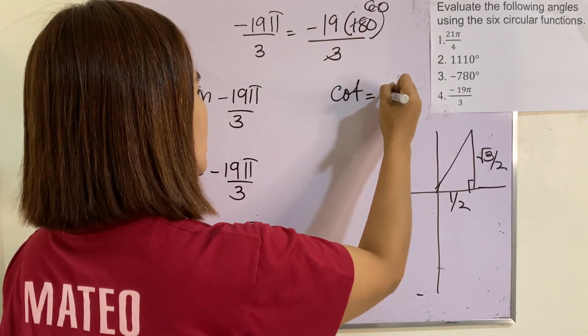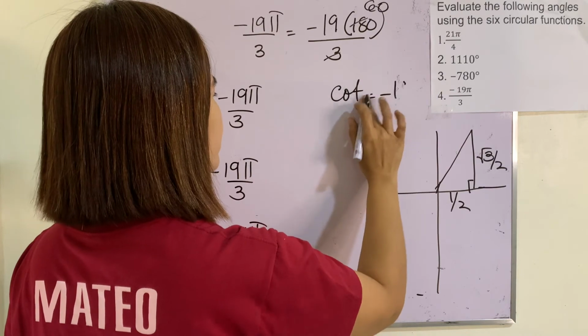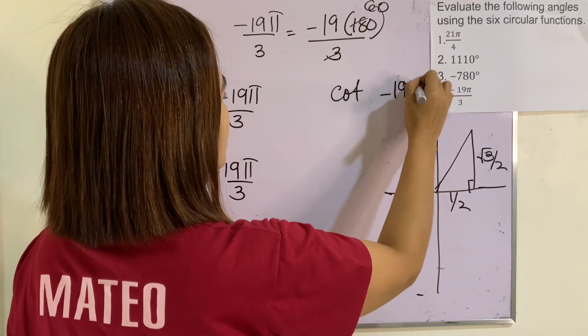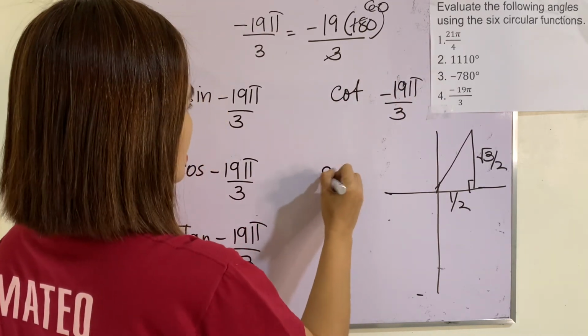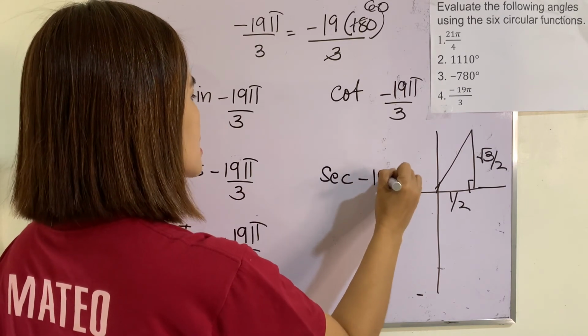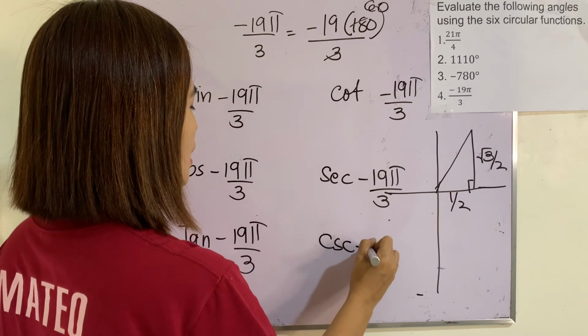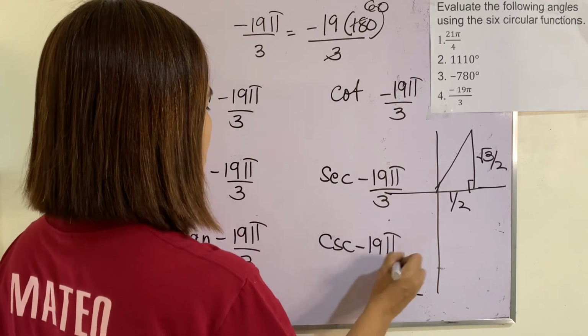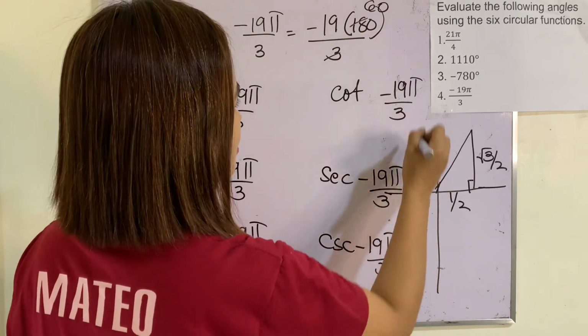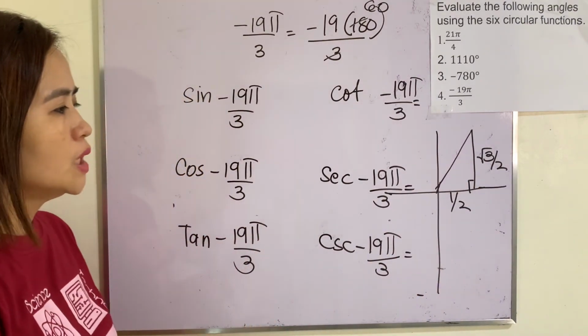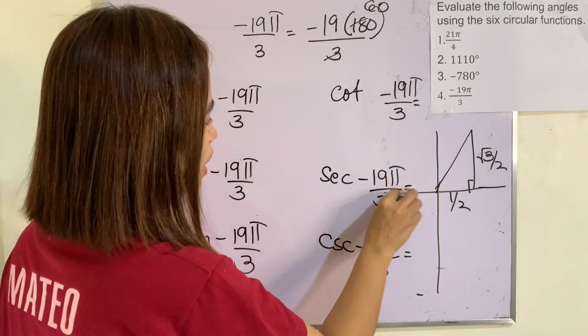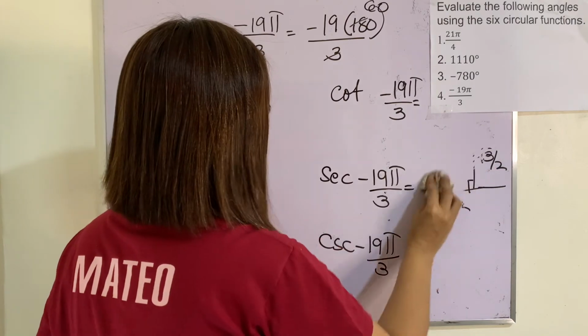Cotangent negative 19 pi over 3. Secant negative 19 pi over 3. And cosecant negative 19 pi over 3. No problem about the sign because they are all in the first quadrant, they are all positive.